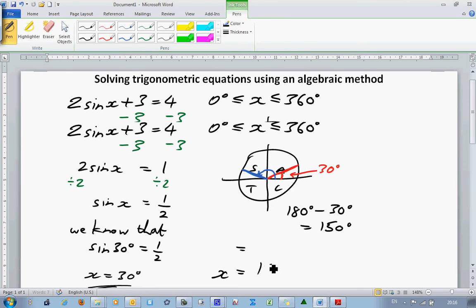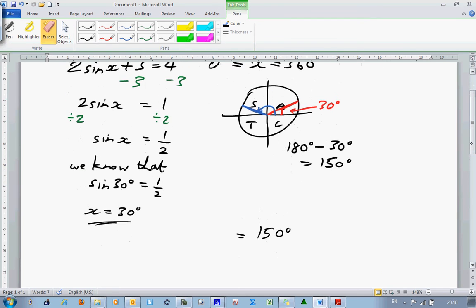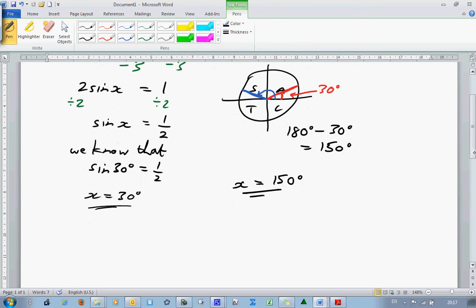Okay, that's using the unit circle. Let me just rewrite that one for you. x equals 150 degrees. Alternatively, you could use the sine graph, because don't forget what we're looking at. We're looking at sine x equals a half. So where does sine x equal a half?